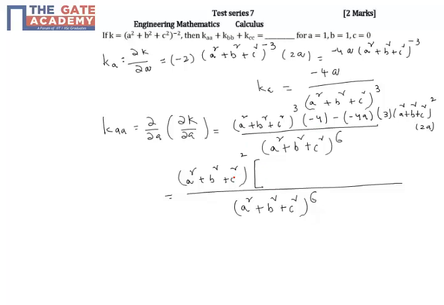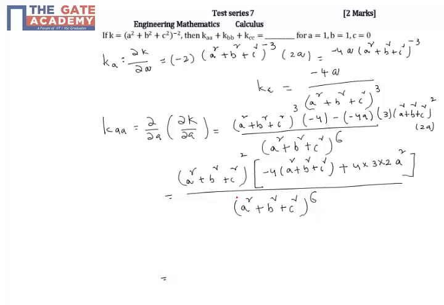This will become (A square plus B square plus C square) whole square, this is minus 4 into (A square plus B square plus C square), and here if this is out, this will become minus into minus, plus 4 into 3 into 2 into A square.